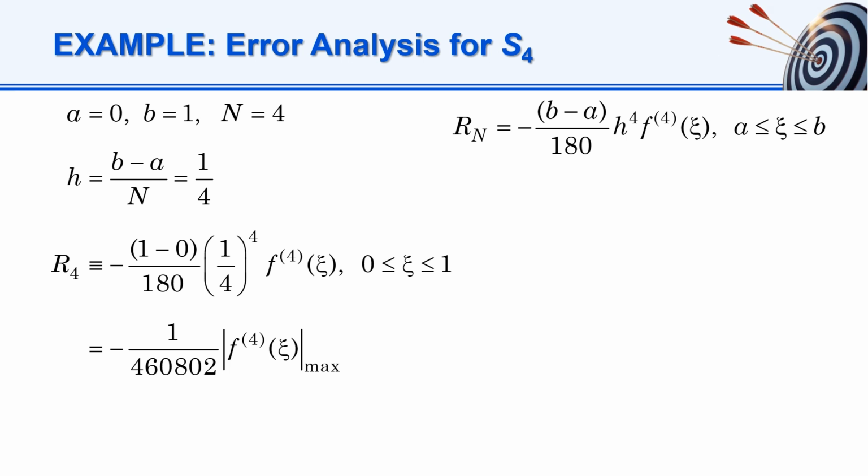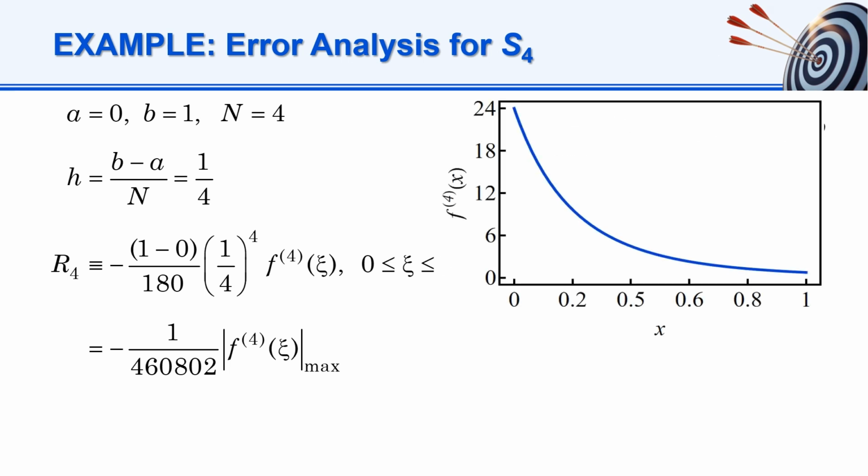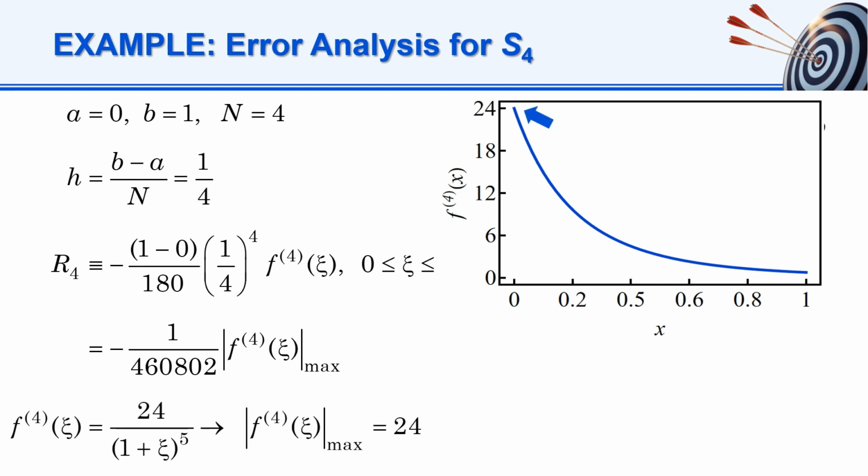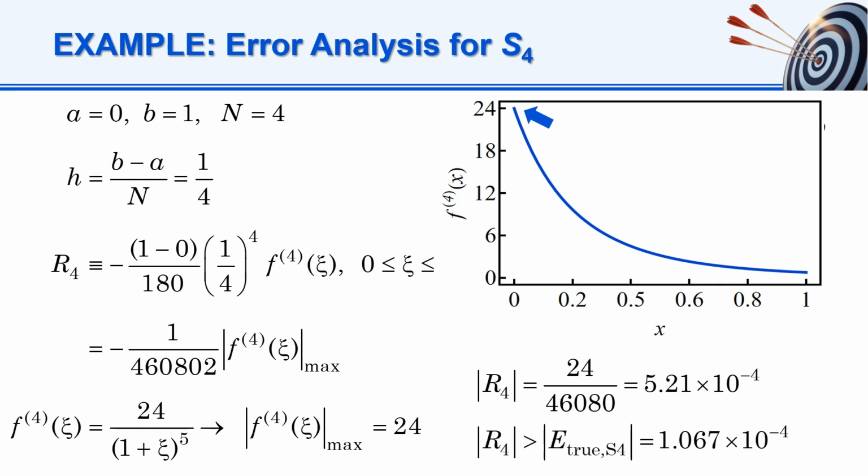We note that the fourth derivative of f is a decreasing function whose absolute maximum value of 24 is at x equals 0. Substituting this value into R4, we find the upper bound of error to be 5.21 times 10 to the minus 4, which is, as expected, greater than the true error for S4.